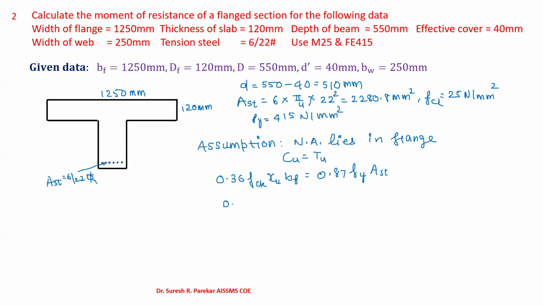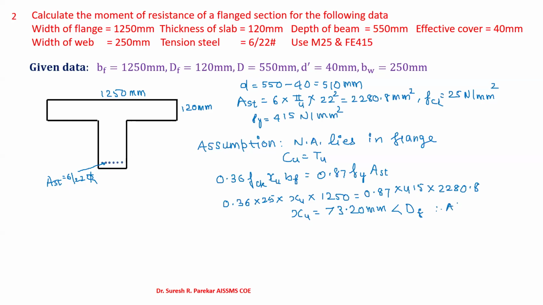Then put the values: 0.36 into 25 into XU into 1250 is equal to 0.87 FY into 2280.8. By using this, we get the value of XU, which is equal to 73.20, which is less than DF. Therefore, the assumption is correct.